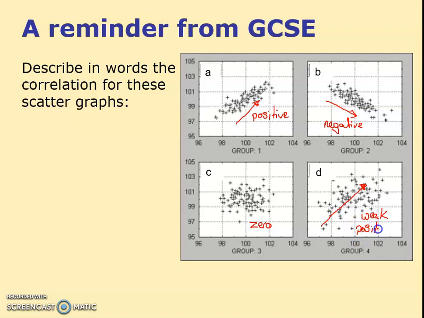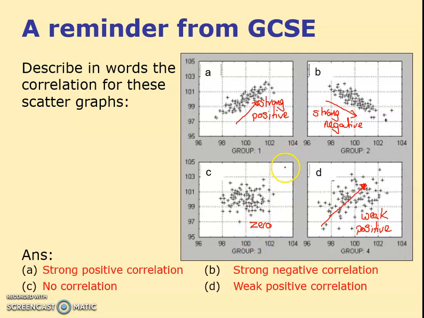And that straight away implies that I could have described these as strong positive correlation and strong negative correlation. So just be aware that at GCSE you get this idea of positive or negative or zero, and then strong or weak or moderately strong, or some wordy description. Strong positive correlation, strong negative correlation, no correlation, weak positive correlation. So I agreed with what I decided it was last time I looked at this slide.